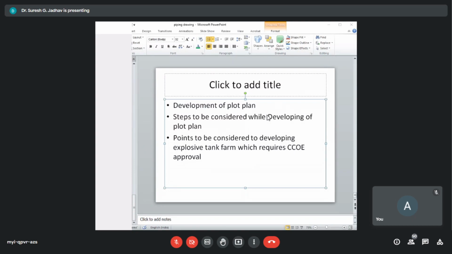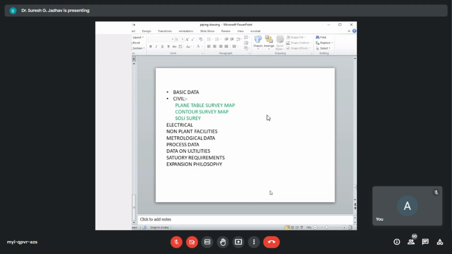The data collected is the basic data: under civil engineering, we see the plane table survey maps, contour maps and soil survey maps. Then the electrical section, non-plant facilities, meteorological data, process data, data on utilities, statutory requirements, and expansion philosophies.